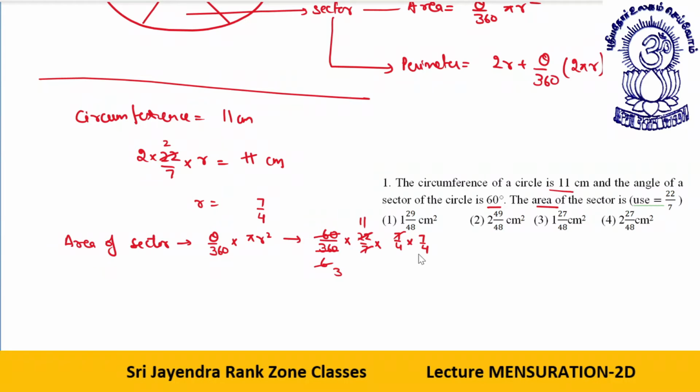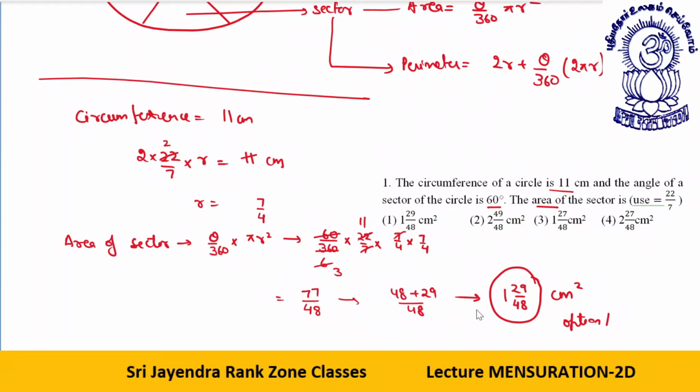So this is 11 into 7, which is equal to 77 by 48. That gives me 1 plus 29 by 48, that is 29 by 48... 129 by 48 centimeter square. This is option number 1.